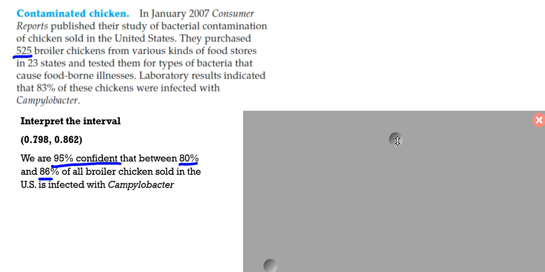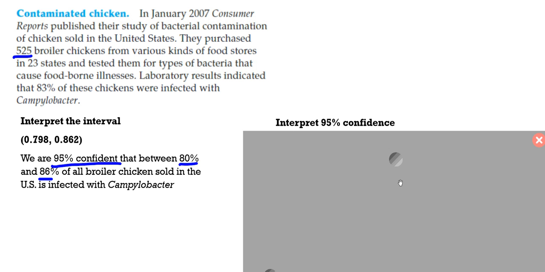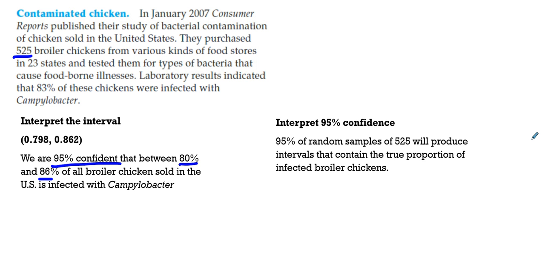You might also get asked, what does 95% confidence mean? Well, that means 95% of random samples of 525 will produce intervals that capture the true proportion. If we did this procedure 100 times, we went out and got 525 broiler chickens and came up with a sample proportion, it's not always going to be 83%.